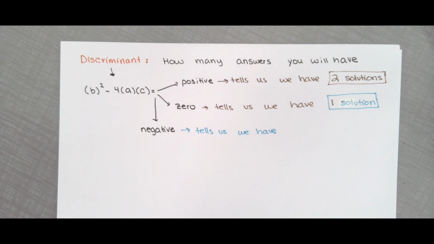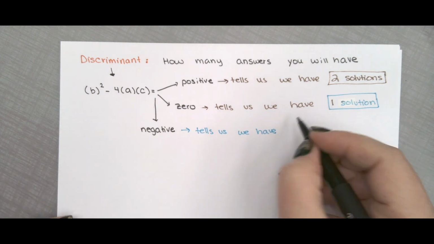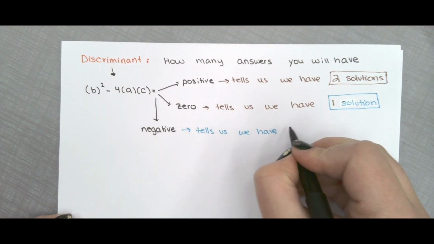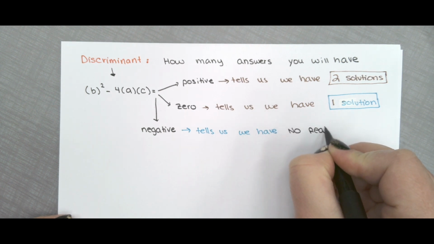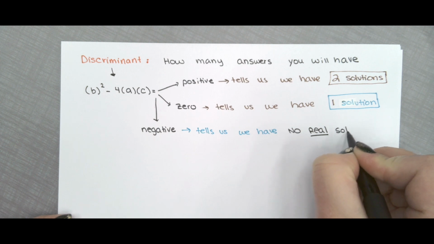When we come back from Thanksgiving break, after taking our first test, we're going to be talking about things that have an imaginary answer, including i. So for right now, if it's negative, it tells us we have no real solutions, and you have to write the word real.